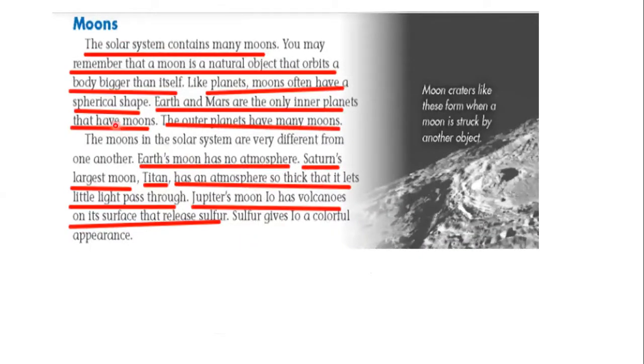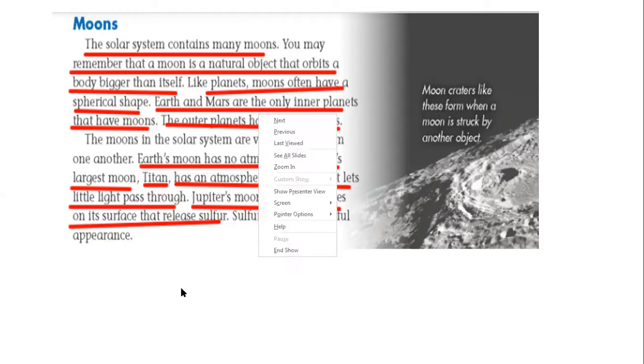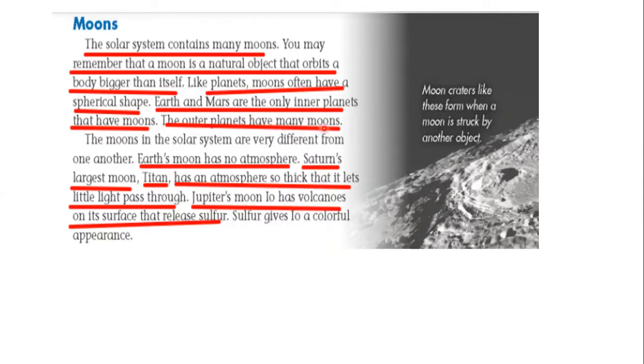Now here, the solar system contains many moons. You may remember that a moon is a natural object that orbits a body bigger than itself. Planets' moons often have a spherical shape. Earth and Mars are the only inner planets that have moons. The outer planets have many moons. Earth's moon has no atmosphere.